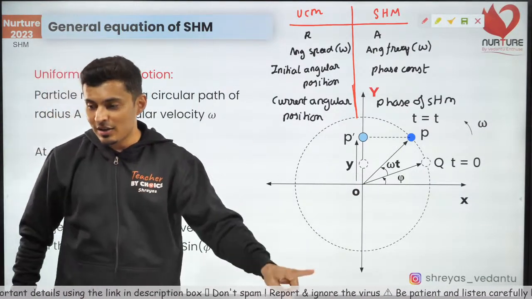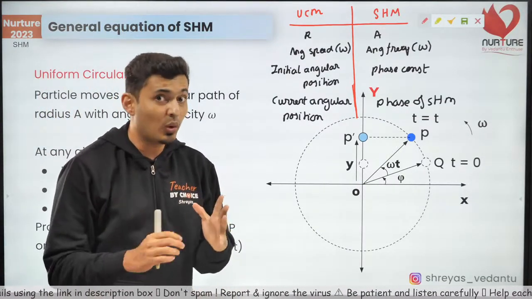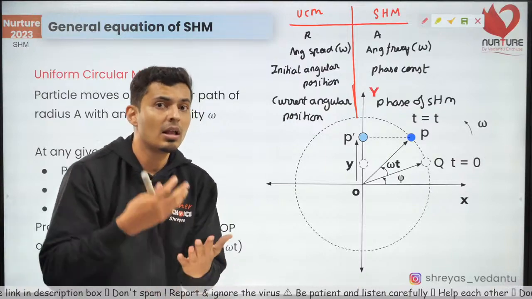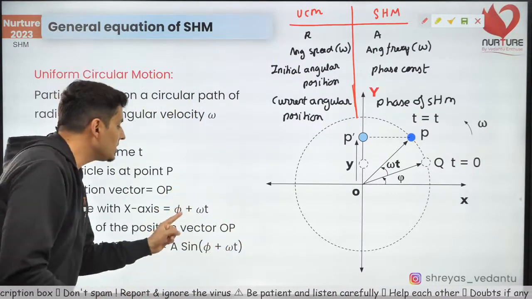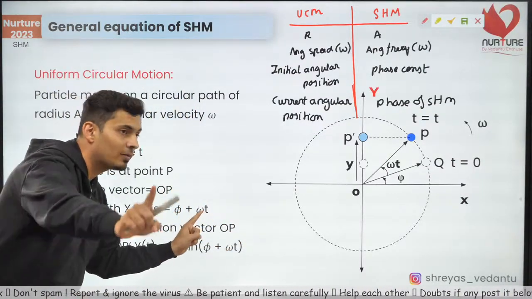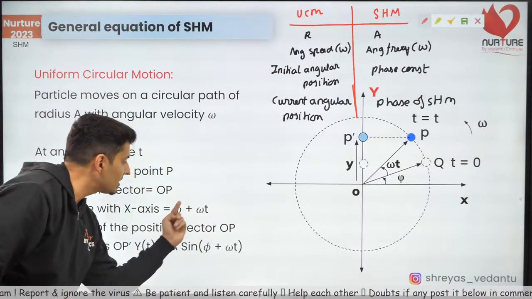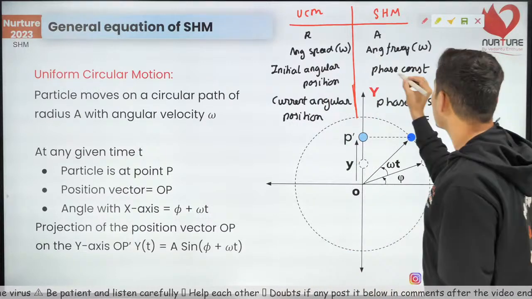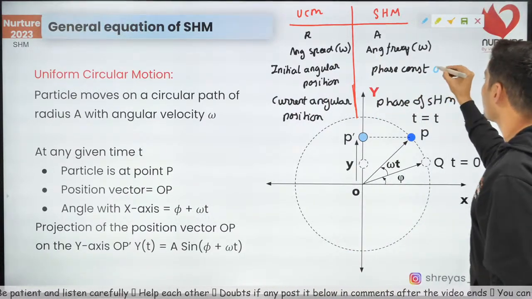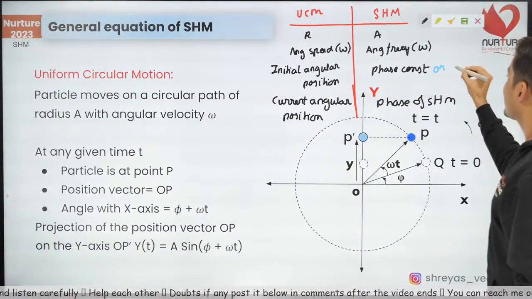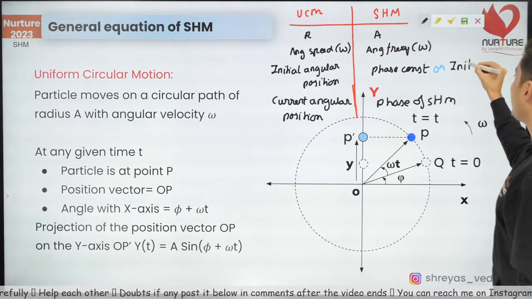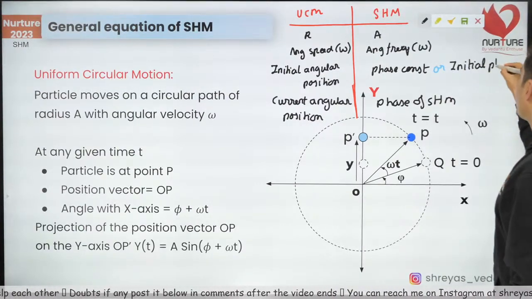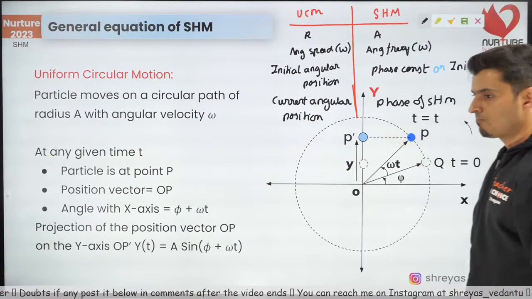Now, if I ask you, what is the initial phase? Initial phase means put the value of time as 0. So this term vanishes, you get this. So that's why phase constant is also called initial phase. It's the same thing.